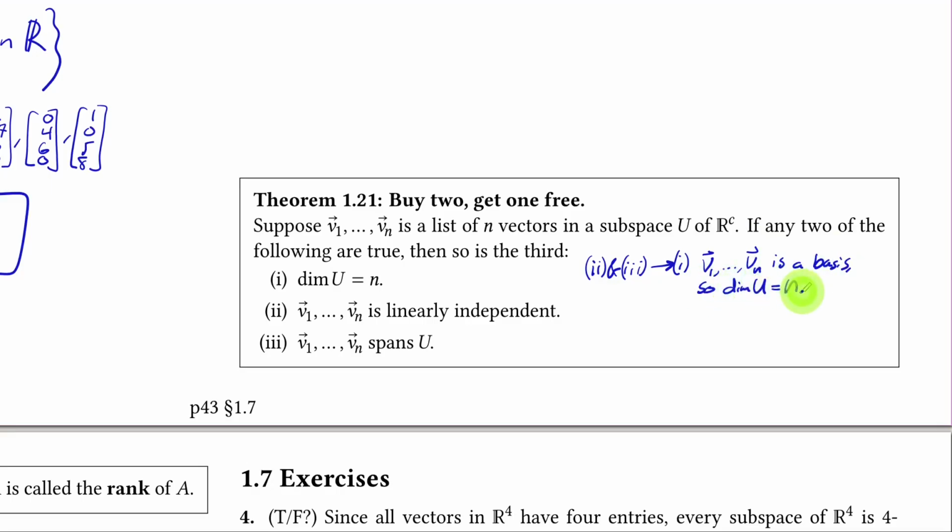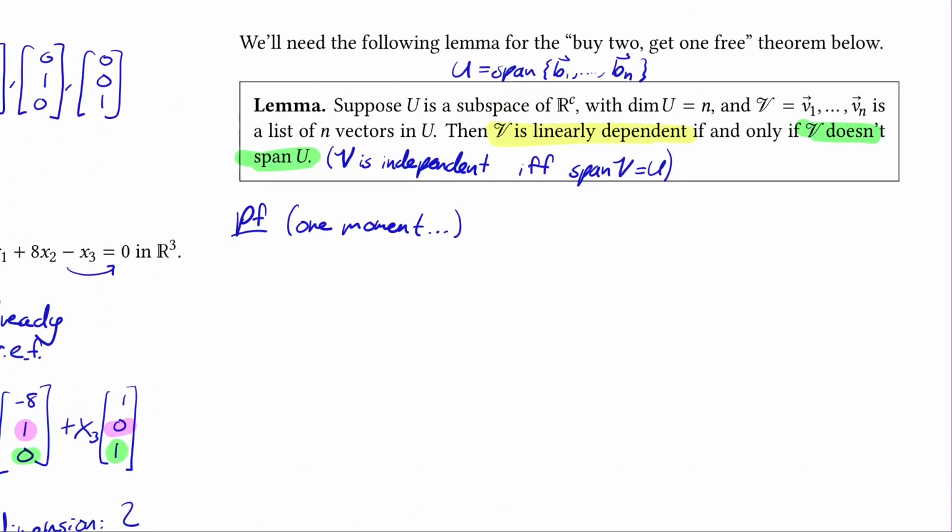Okay, now what if number 1 and 2 are true? If you have the same number of vectors as a basis and it's linearly independent, then we can use this lemma.